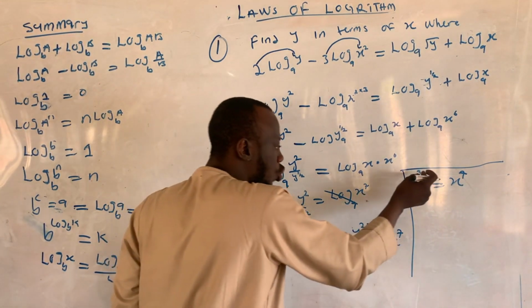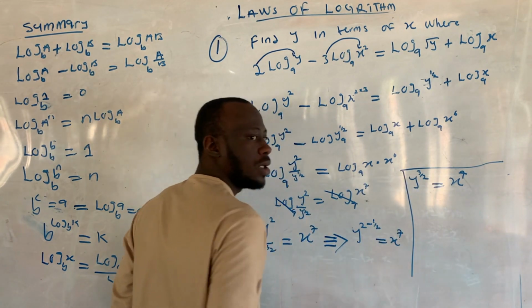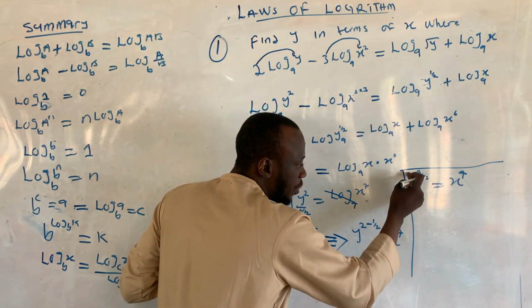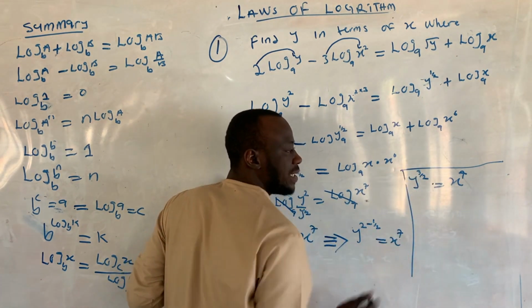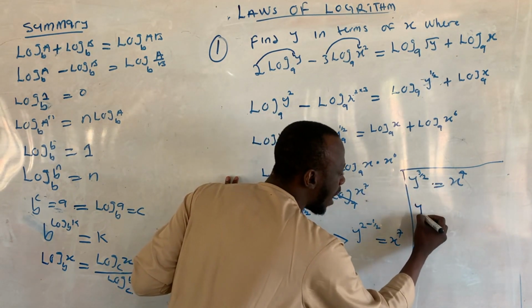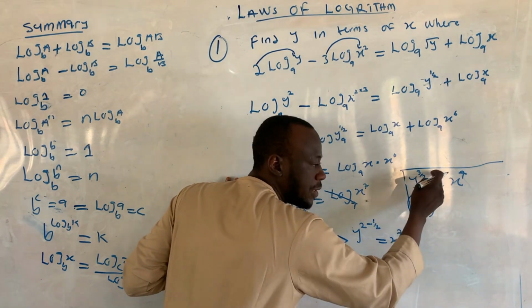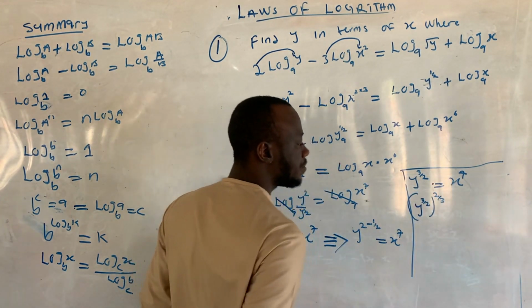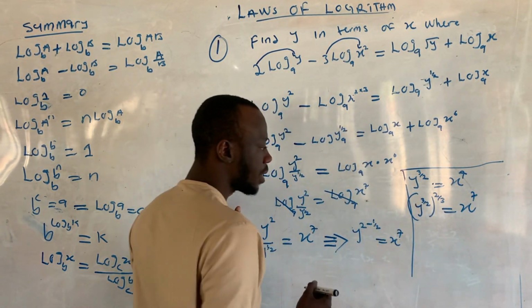Now we are going to remove the 3 over 2 from y to the power of 3 over 2, meaning we are going to multiply each side by the reciprocal, 2 over 3. Here we have y to the power of 3 over 2 times 2 all over 3 is equal to x to the power of 7 times 2 over 3.